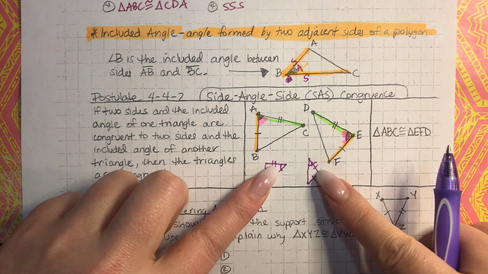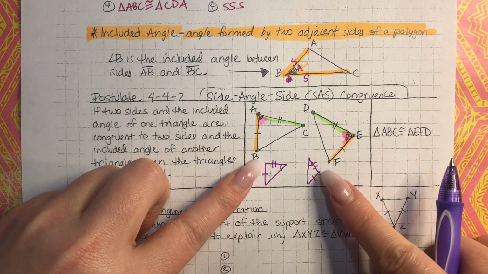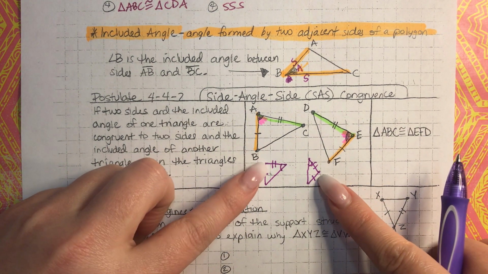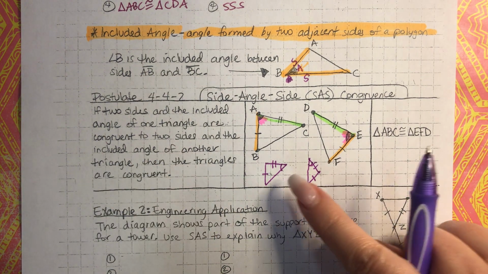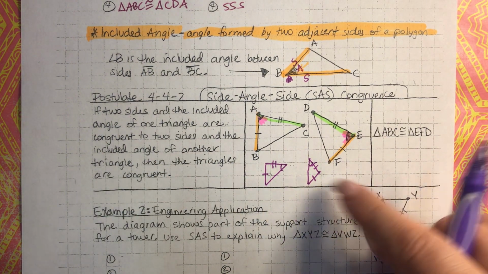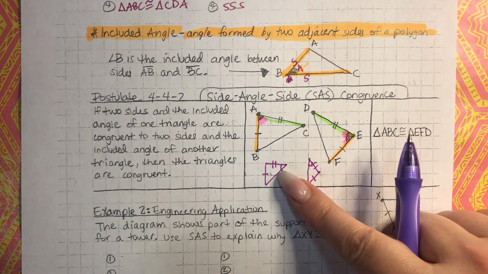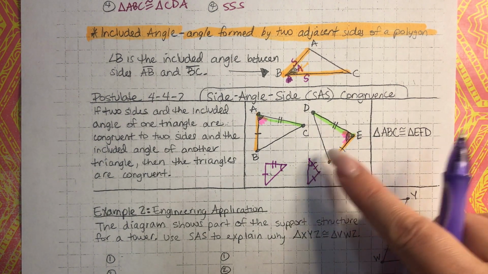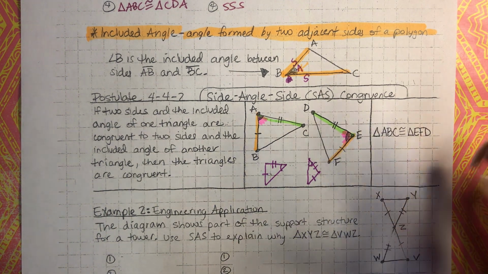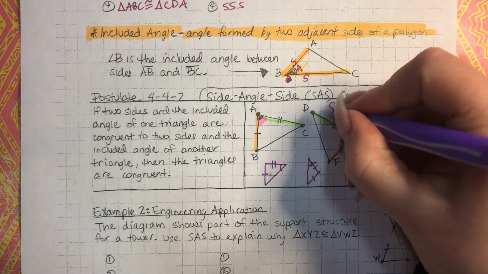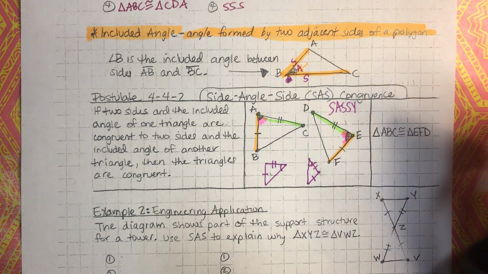Well, those angles are the same, but it's not the included angle. So this would not be sassy, even though it has a side and it has an angle over here and it has another side. It's the position of where those sides and those angles are, which is what makes this a sassy triangle. These triangles are very sassy.